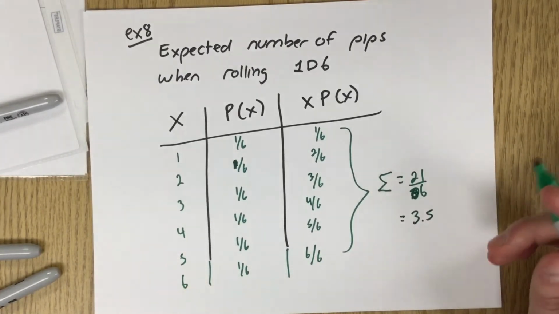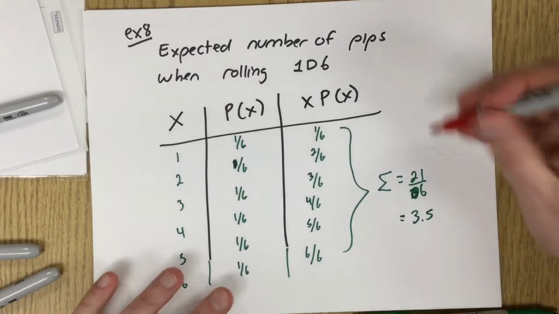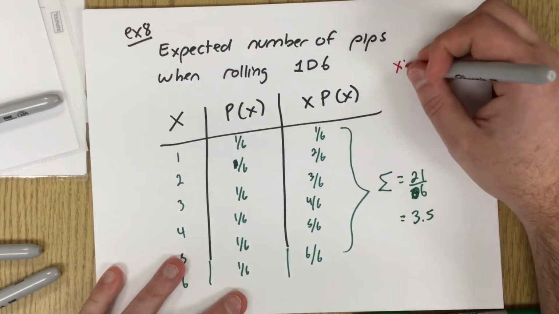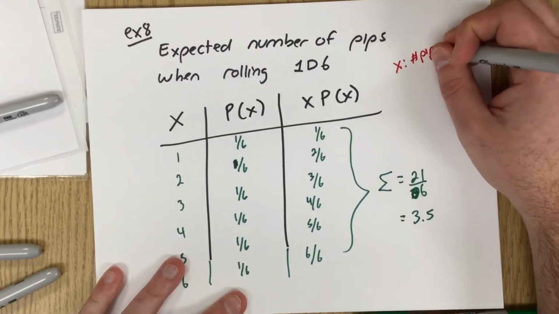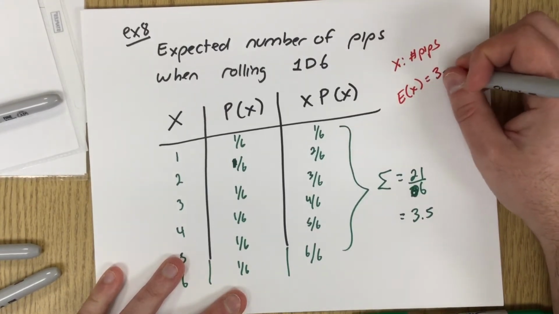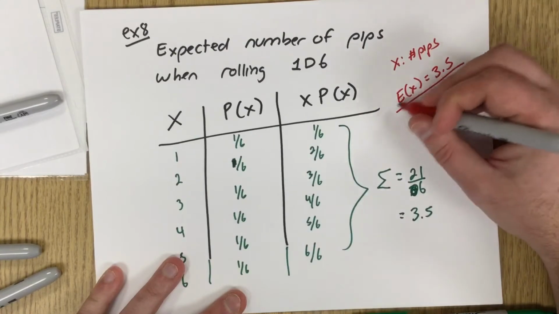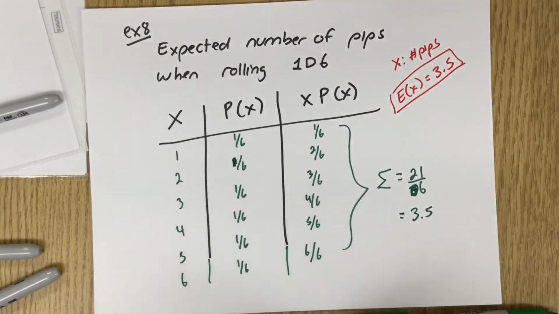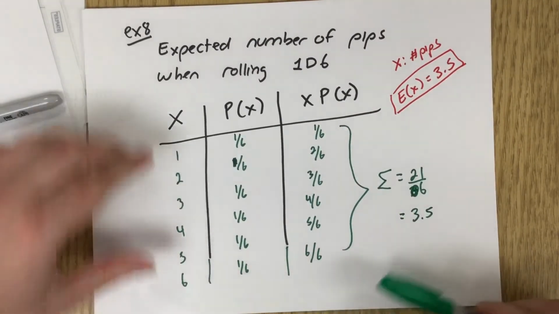So if x is the number of pips, then the expected number of pips, or essentially the average roll, is going to be 3.5. And that's the expectation when you roll a 6-sided die once.